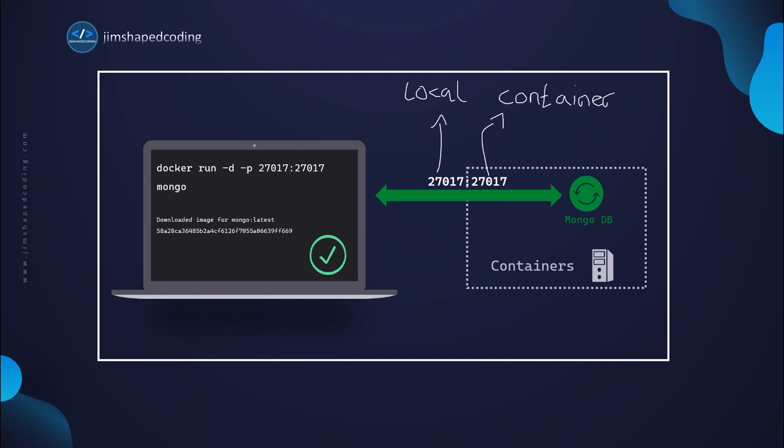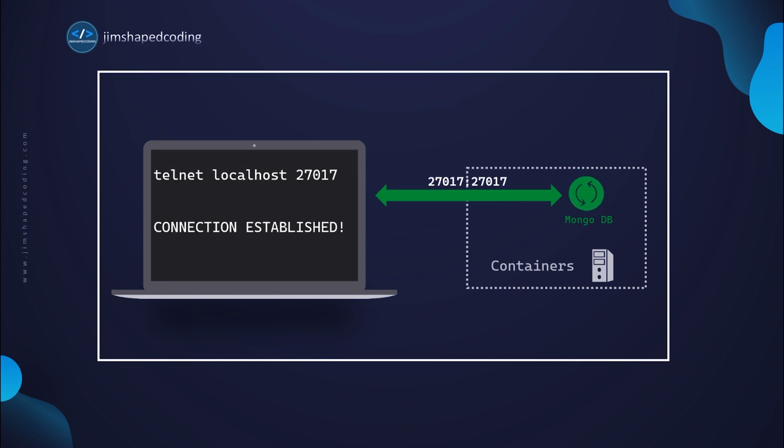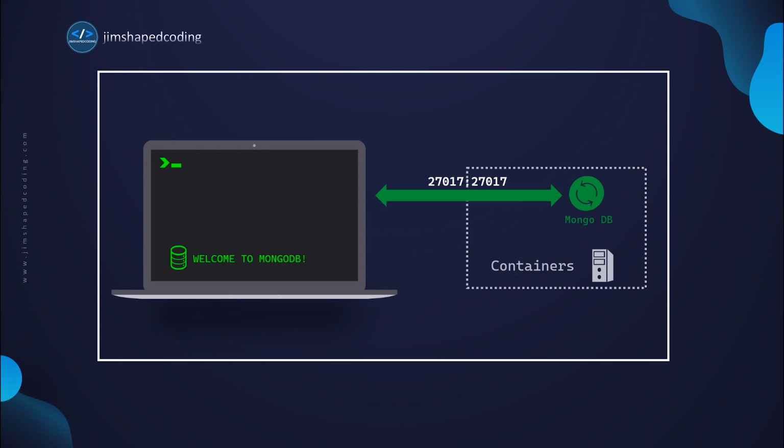But on the right side, you should always specify the port that MongoDB actually uses. So next time that we do telnet localhost with the port, we will have a successful connection, because we did this port binding when we created the MongoDB container.